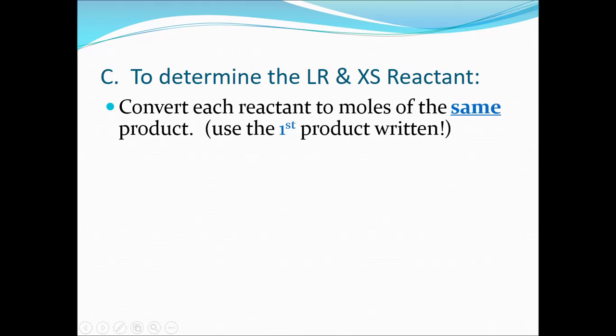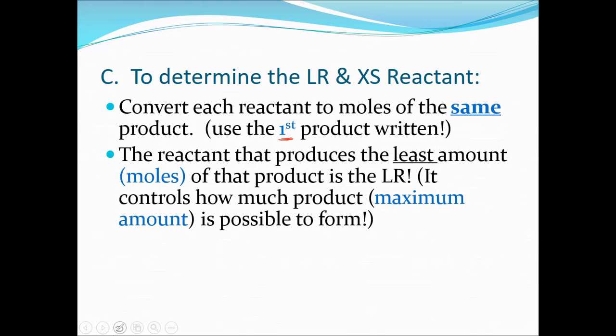We converted each ingredient to moles, well, really not moles, but to the same product, sandwiches. Now, if you have a reaction that has more than one product, we're always going to use the first product that's written in the chemical reaction, so that all of our answers always match and there's never any confusion.